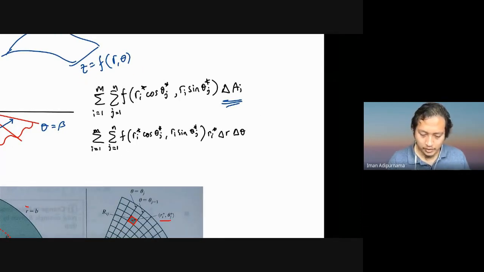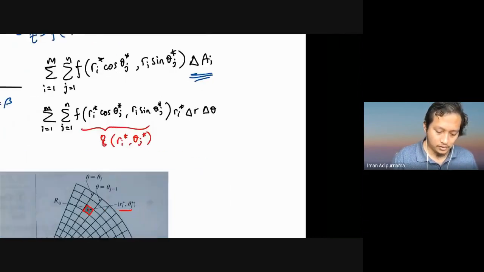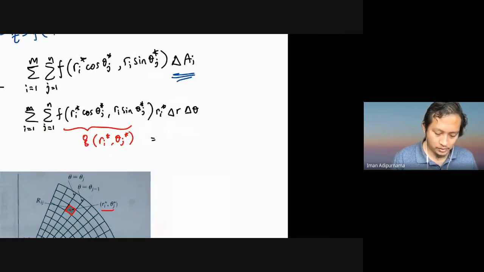And if we write this f into a function g of ri and theta j, we can set up a more settled form. Okay, this is the last part. I will stop here. Let me just write the last one here.